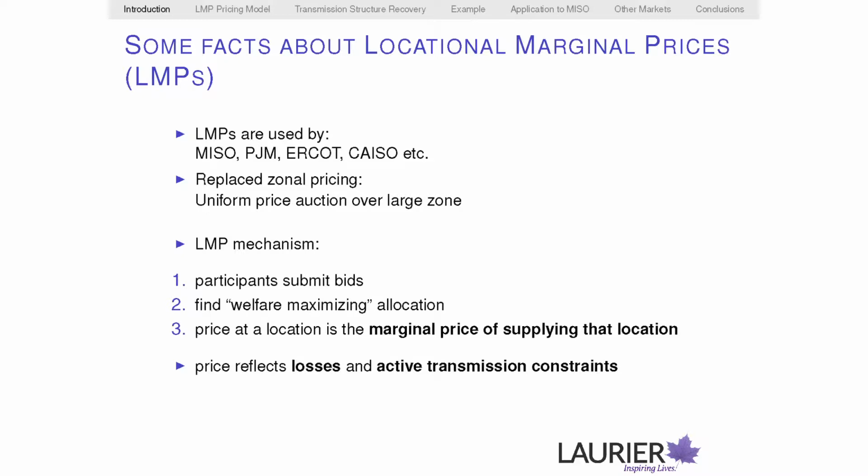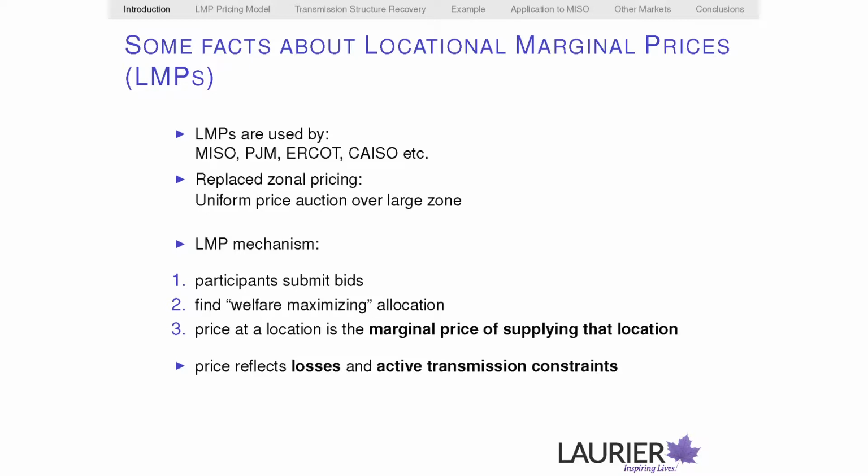This is a relatively recent occurrence in the last 5 to 10 years, where they replaced zonal pricing, which was essentially what Ali was talking about yesterday, where you've got uniform price auctions over specific geographic areas. So basically a multi-unit auction over a specific area.